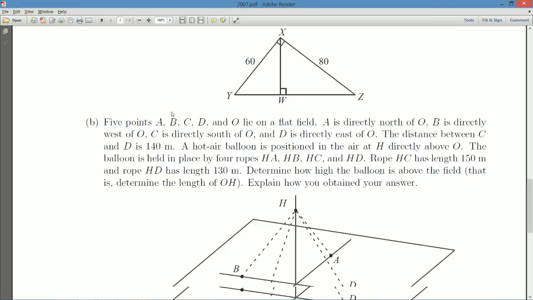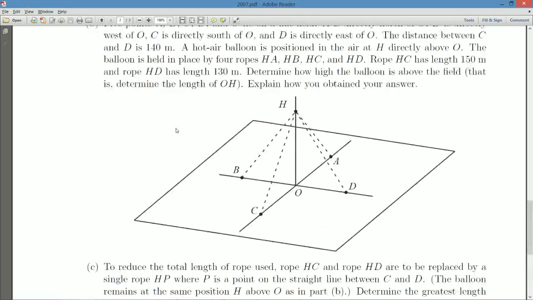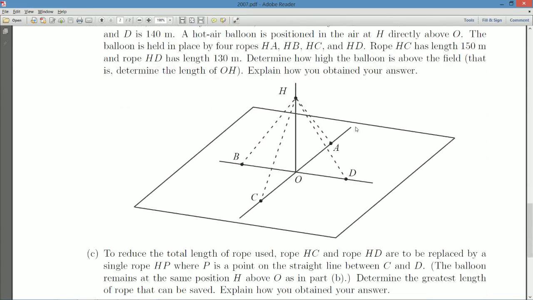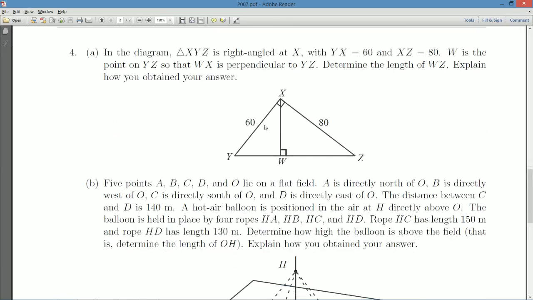Alright. So it's a 3-part question, and it looks like it's going to be some geometry and perhaps some 3-dimensional geometry. I see the outline of a pyramid. Okay, so part A. In the diagram, triangle XYZ is right-angled at X, with YX equals 60 and XZ equals 80.